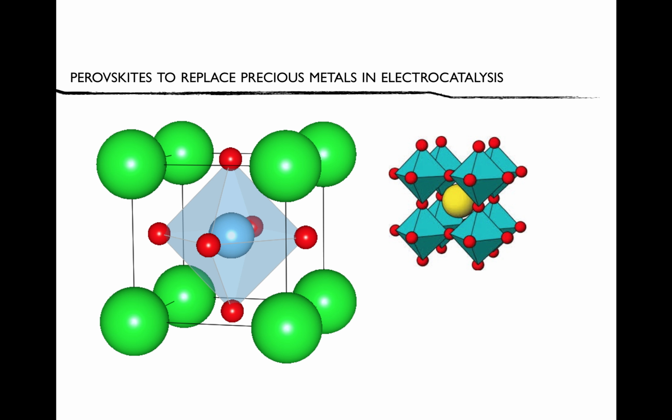An interesting fact about the perovskites, they were named after a Russian scientist called Lev Perovsky. However, perovskites are reported to have competitive catalytic activity when they're compared with precious alternatives.